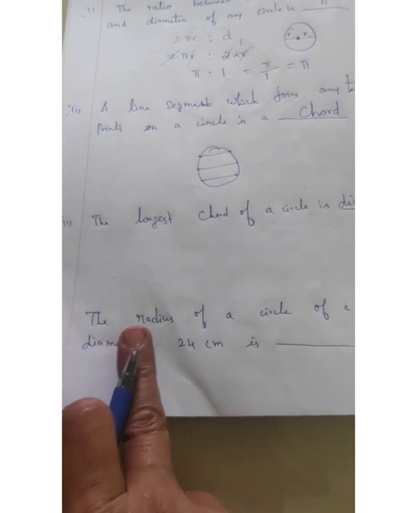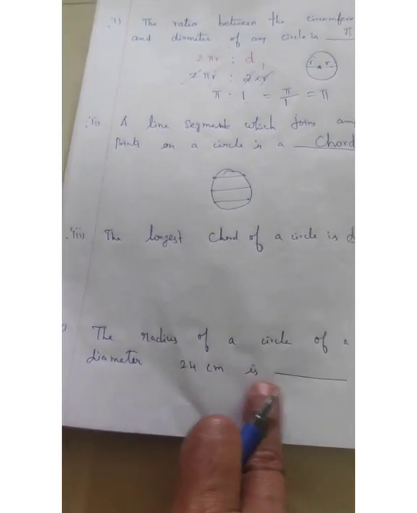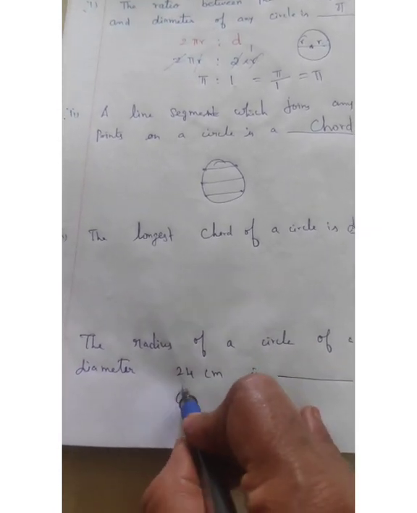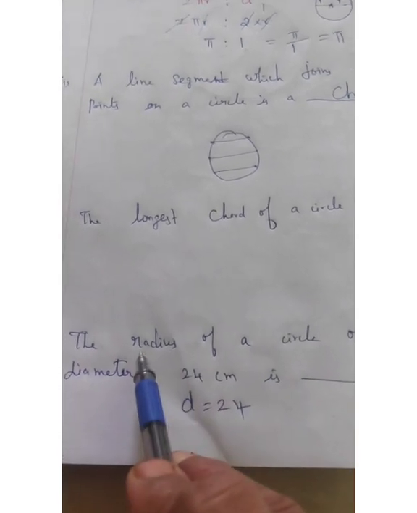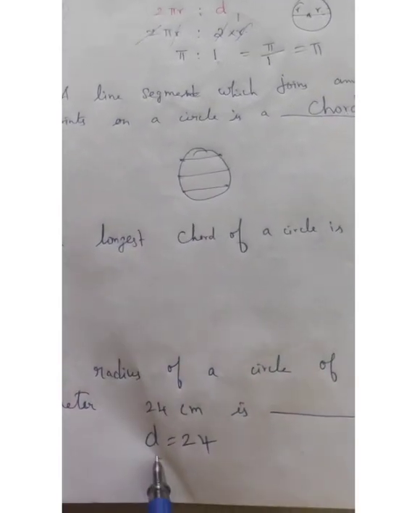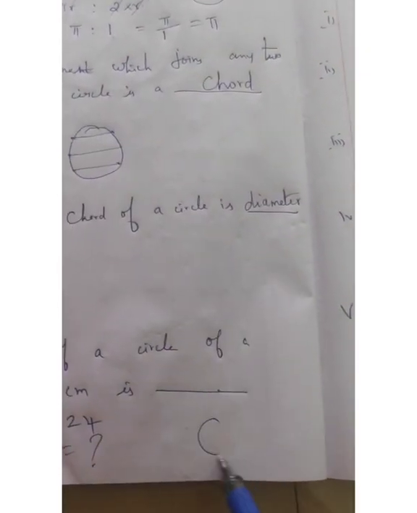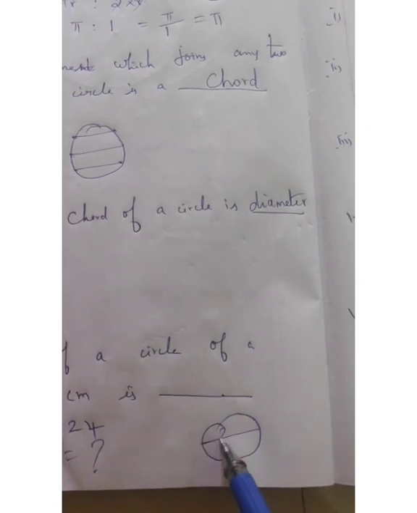Next, the fourth one: the radius of a circle of diameter equal to 24 is dash. They have given the diameter, D equals 24. What is the value they are asking for? The radius, R equals how much there? So this is one circle. See there, this full diameter is given as 24 centimeter.